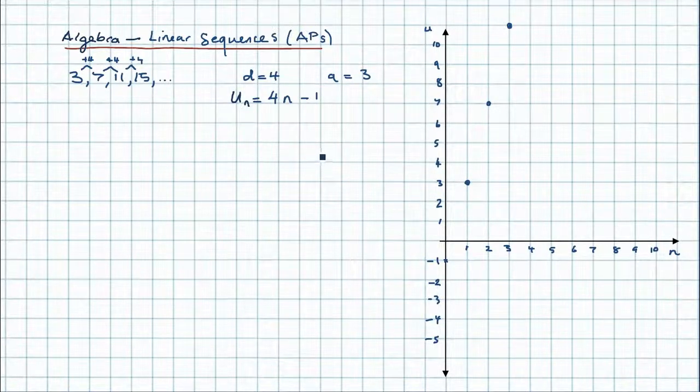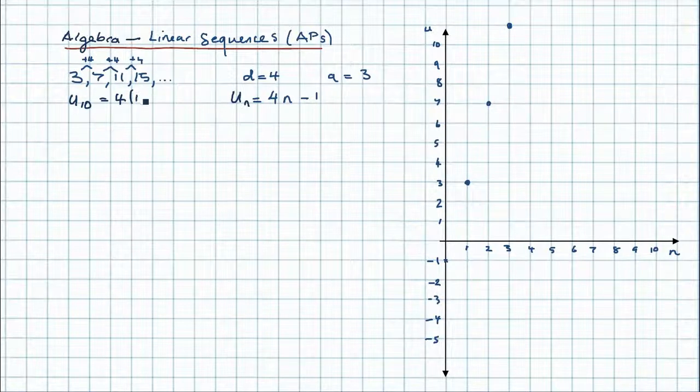Okay, now this gives us a way of calculating any term in the sequence. So say, for example, we wanted to know the 10th term, then we would say, well, u sub 10, the 10th term, must equal 4 times 10, because it's the 10th term.